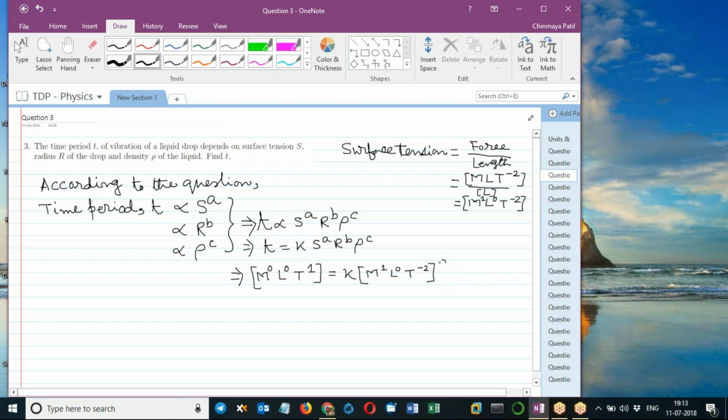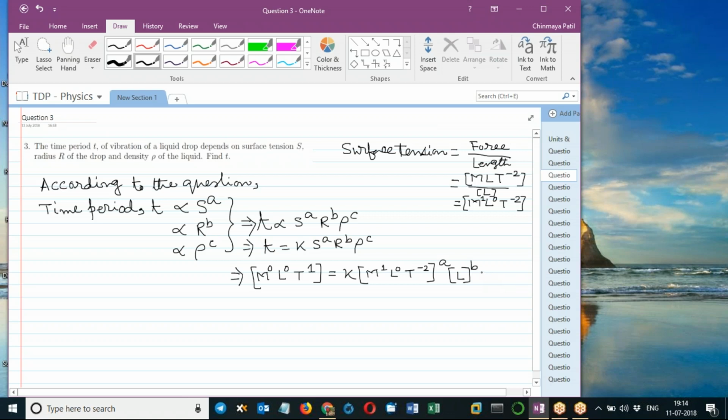And what is r? Can you tell me the dimensional analysis of r? R is radius. Radius is always length, so L power 1, to power b. And what is rho? Rho is density.